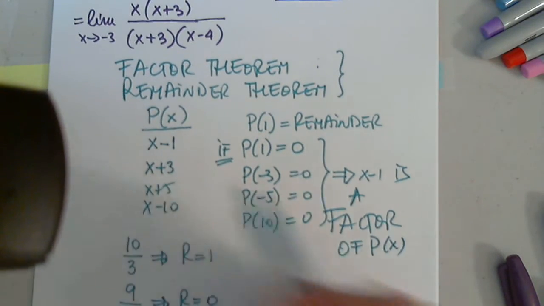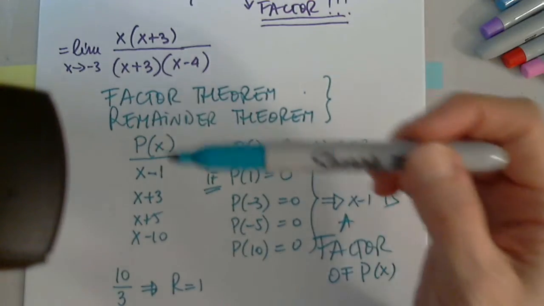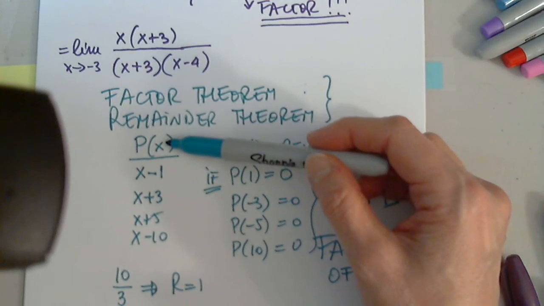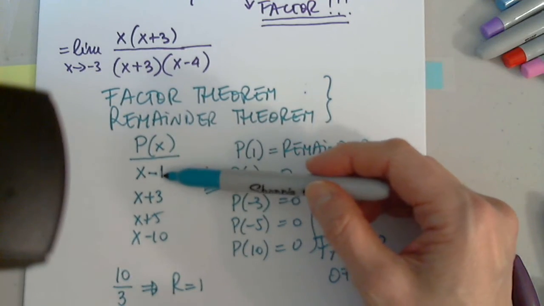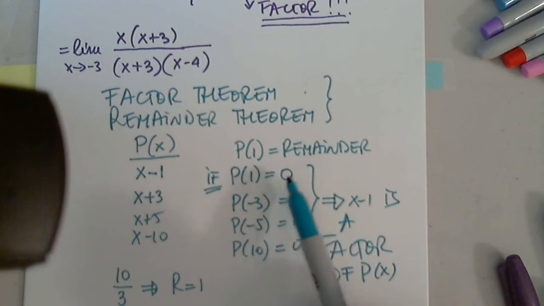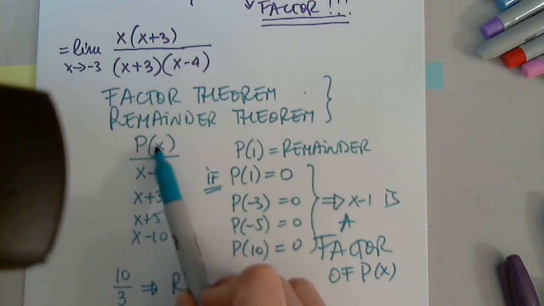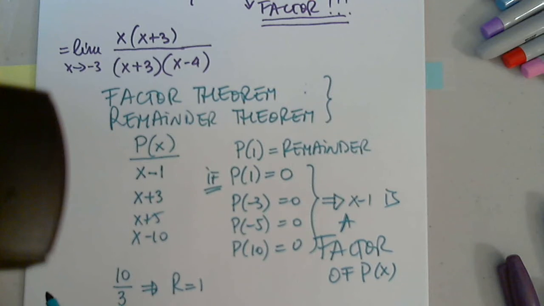The same with x plus 3, the same with x plus 5, the same with x minus 10. So if I show that when I divide by a polynomial of this kind the remainder is 0, then I know x minus 1 is a factor of p of x. The reverse is also true.